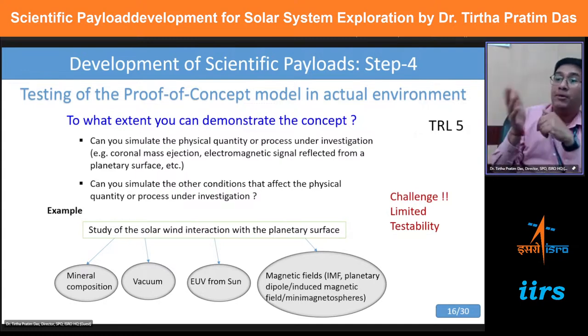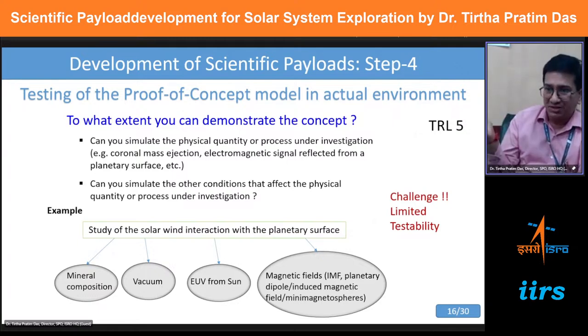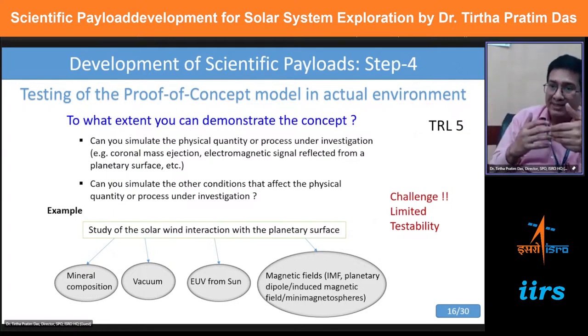Then coming to step 4, you have to test your proof of the concept. Many a times it is not possible to test to the complete extent, but sometimes you are able to make a simulation of the space environment with the proper arrangements of the vacuum environment or the proper radiation which the system is supposed to experience when it is sent to space.